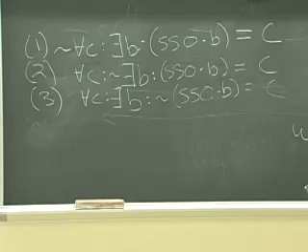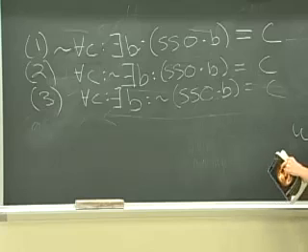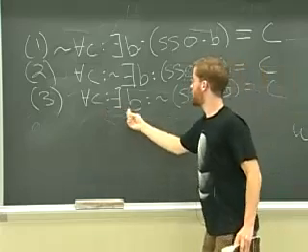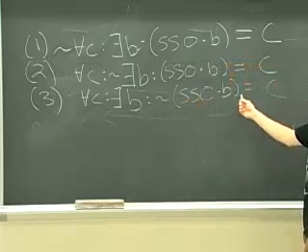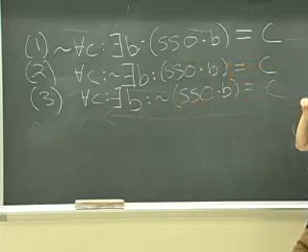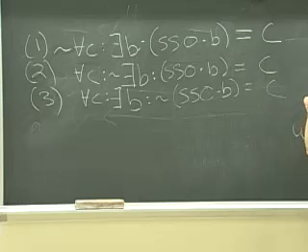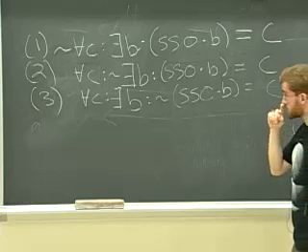And is that true or false? False. So say again. For every C, there exists a B such that 2 times B equals C, right?